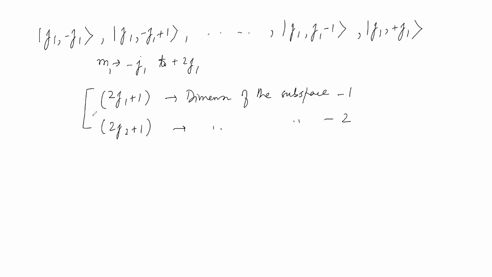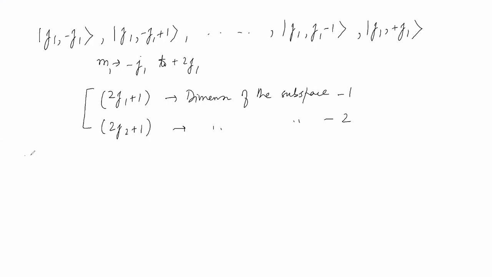This will be the net dimension when we consider subspace 1 and subspace 2. Now, till now, we have treated subspace 1 and subspace 2 independently. But now what we have to do is combine these two angular momentum states.